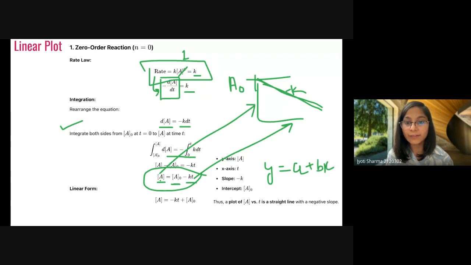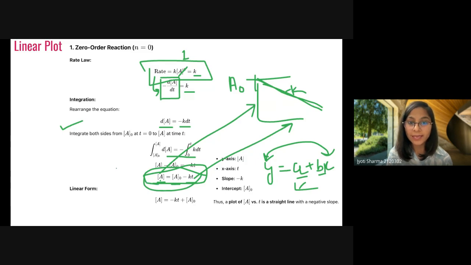So if you have Y and X on a grid, then this will give you the straight line, and this will be your intercept and this will be your slope. Just like that, for the zero order reaction, this will be the equation we already have learned.